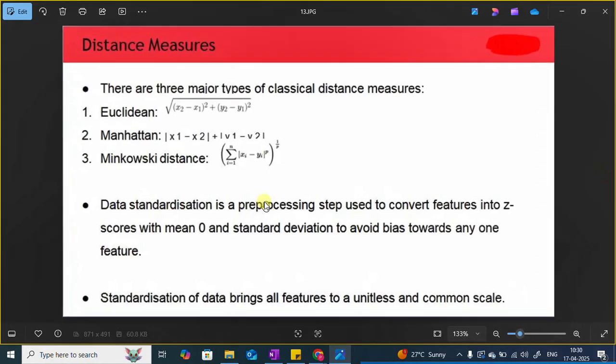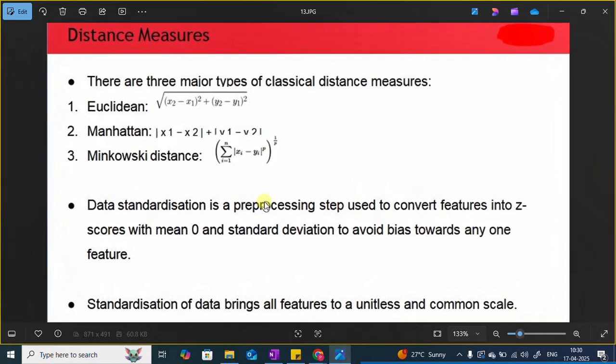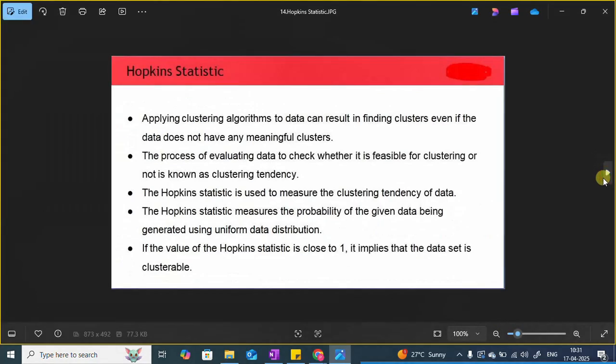There are three major types of classical distance measure: Euclidean distance, Manhattan distance, and Minkowski distance. Data standardization is a pre-processing step used to convert features into Z-scores with mean 0 and standard deviation 1 to avoid bias towards any one feature. Standardization of data brings all features to a unitless and common scale. Clear?